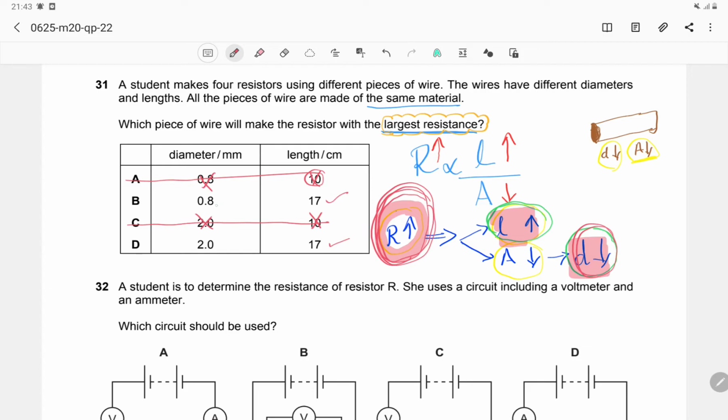As you can see, 0.8 is smaller than 2, so option D is also wrong. So the resistor wire which has the largest length among these, that is 17 centimeter, and the smallest diameter, that is 0.8, will have the largest resistance. Hence the correct answer is option B.